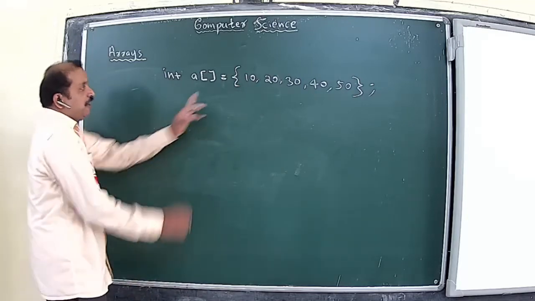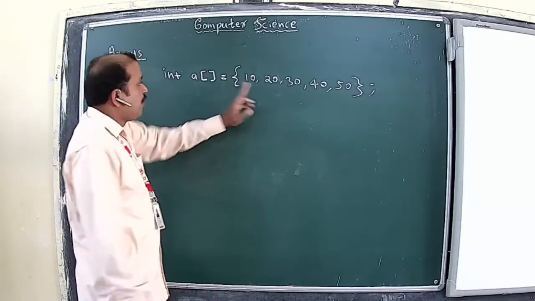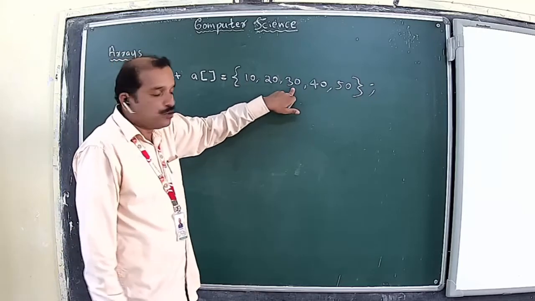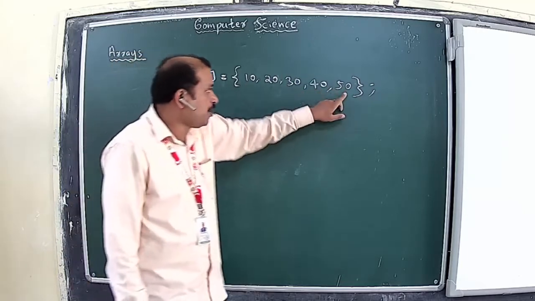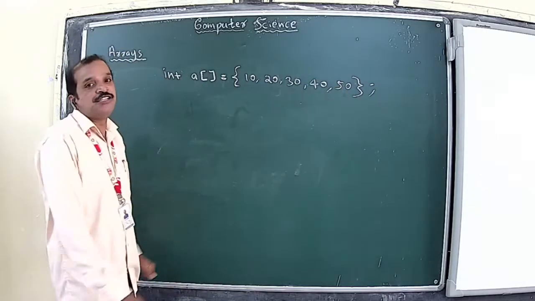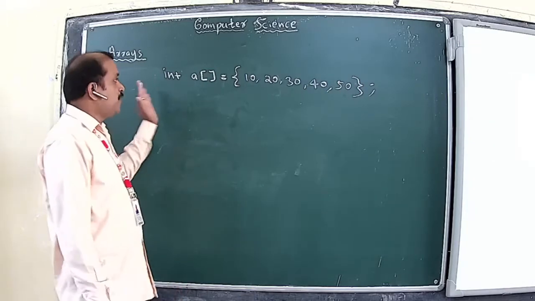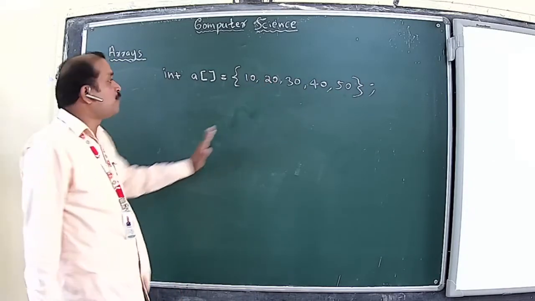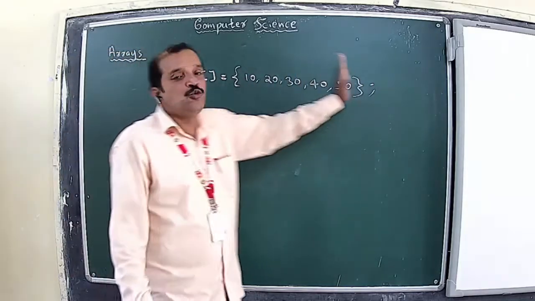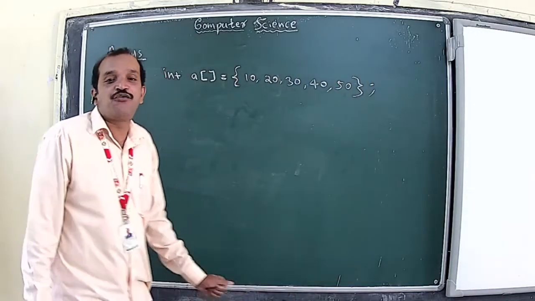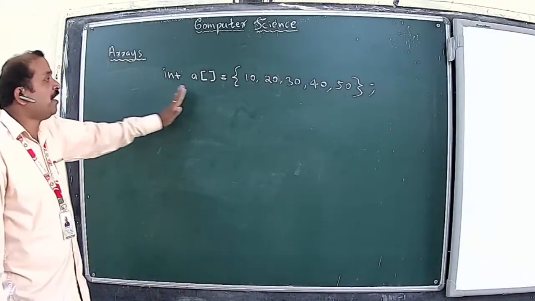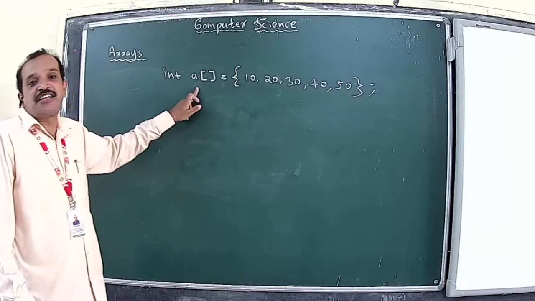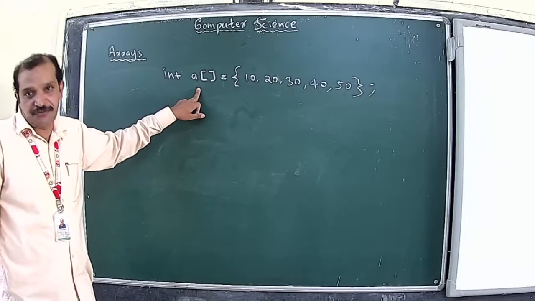Definitely A of 0 will refer to 10, A of 1 is 20, A of 2 is 30, A of 3 is 40, and A of 4 is 50. Since there are 5 elements, the indices or subscripts of this array will move from 0 to 4. And this is how an array can be initialized at the time of declaration itself.